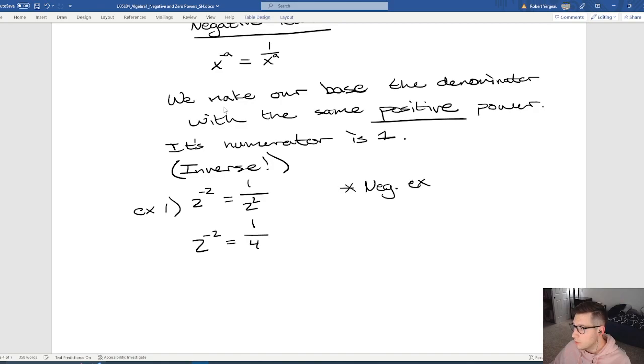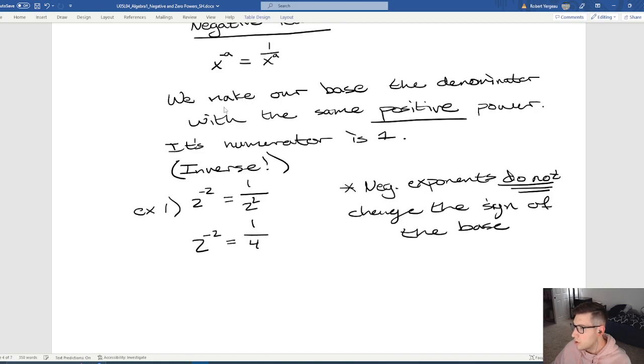Negative exponents do not change the sign of the base. At no point should I see that 1/4 is negative.